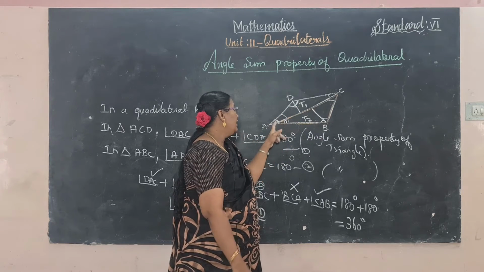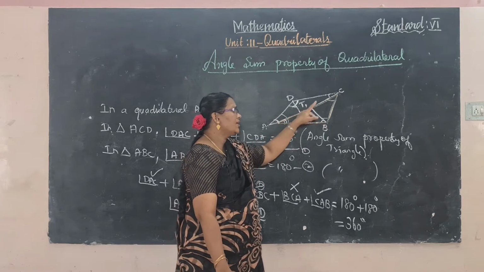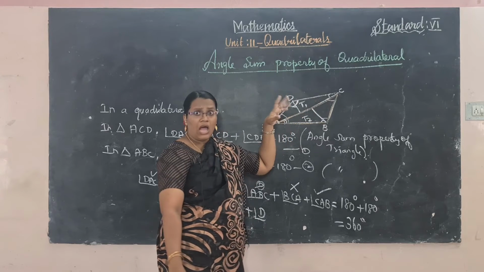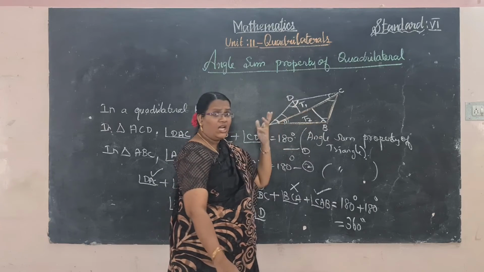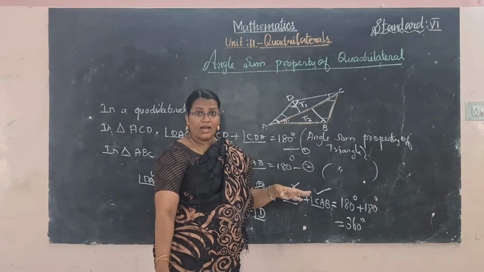Angle A has two adjacent angles, and C also has two adjacent angles, but B and D do not have any adjacent angles.